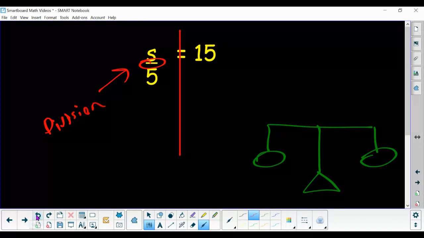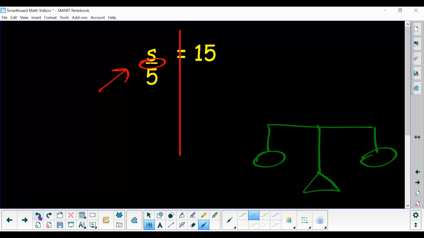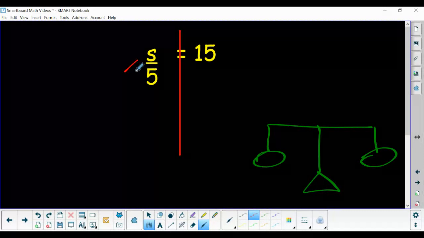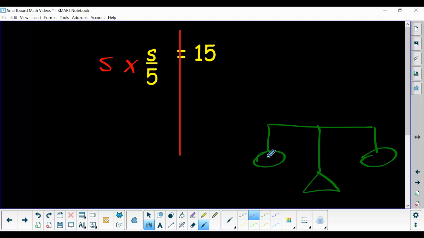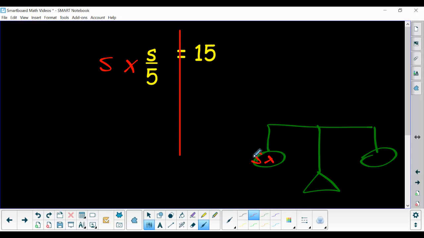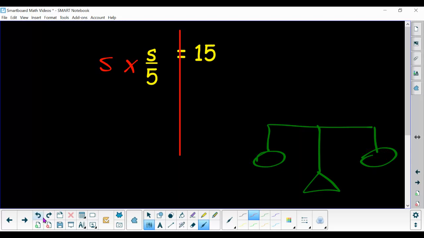So in order to get rid of it, you need to do the opposite, which is to multiply. So I'm going to multiply by the exact same number, 5. But whatever I do to one side, remember, if I multiply this side by 5, I must also do it to the other side by 5, or else my scale becomes unbalanced. So I'm going to do it to the other side.